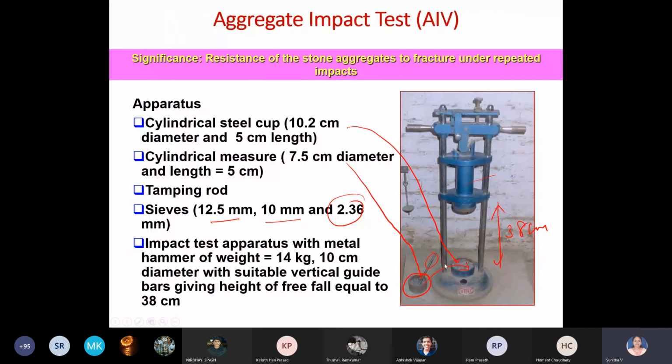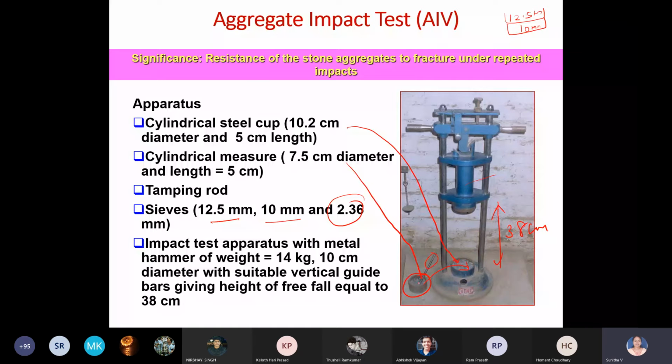I'll explain this. I thought I had the procedure here. So you take the aggregate sample which is passing through 12.5 and retained on 10 mm. So you have this 12.5 mm sieve, then below that the 10 mm sieve.